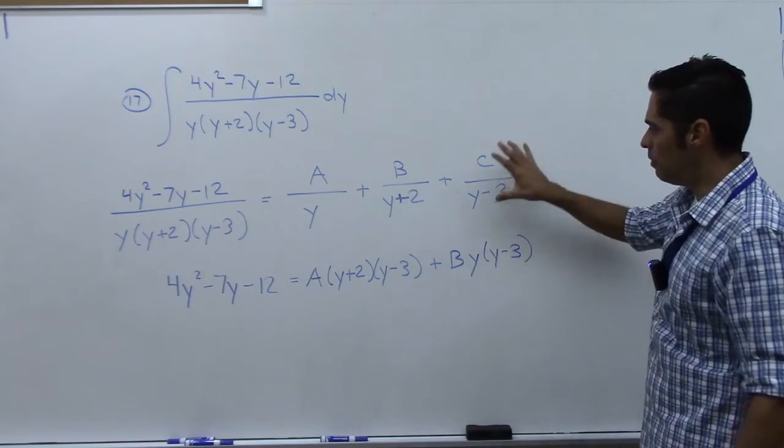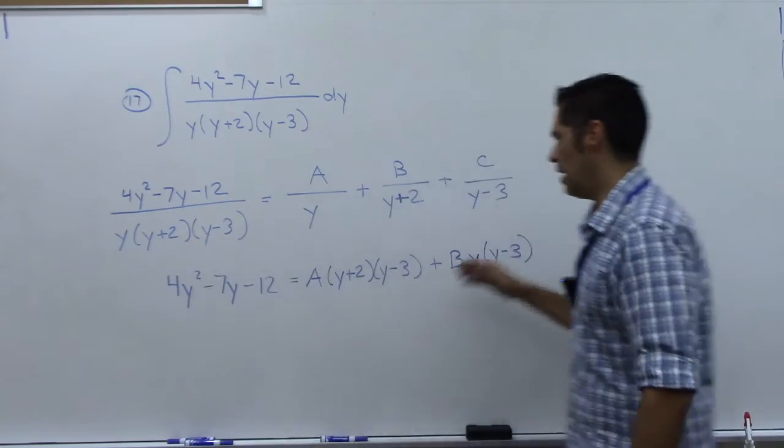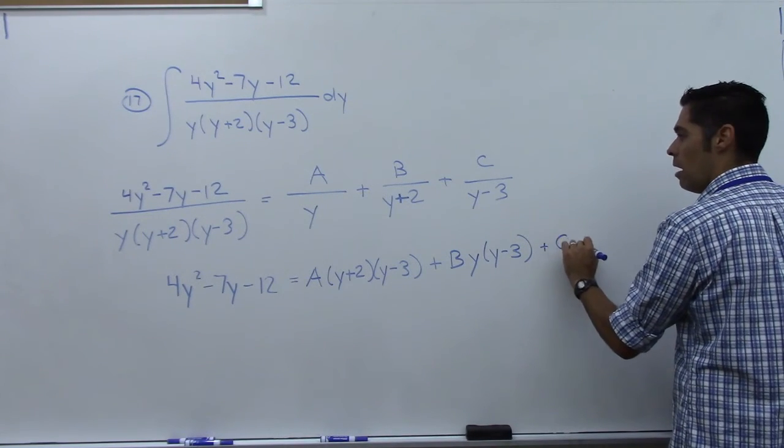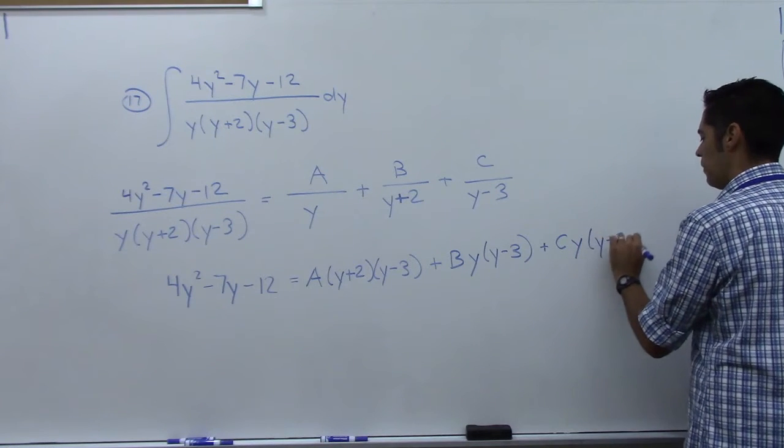And then finally, the y minus 3's cancel, I still have the C, I still have a y, I still have a y plus 2.